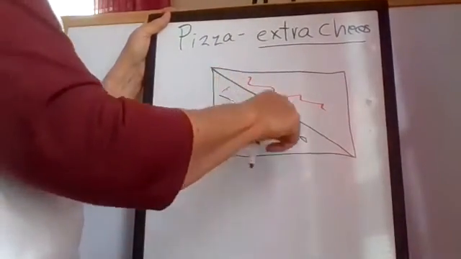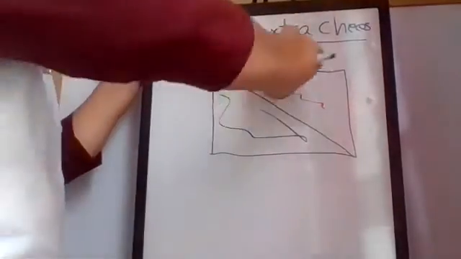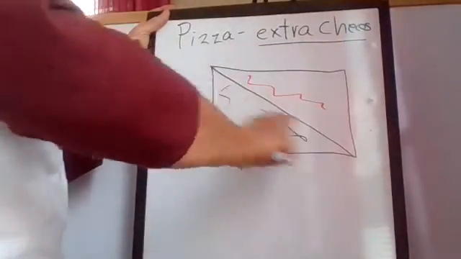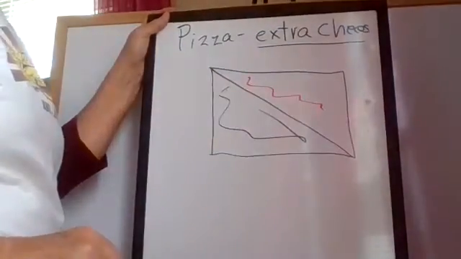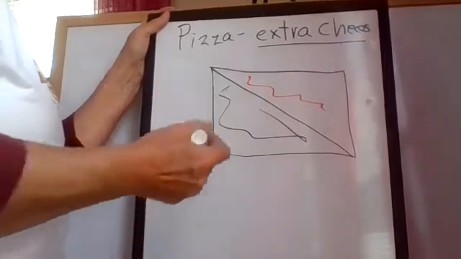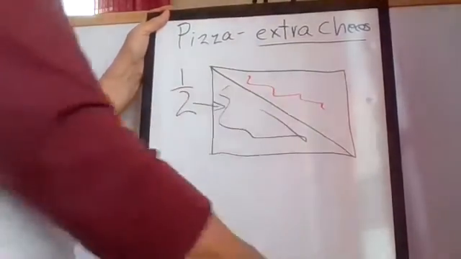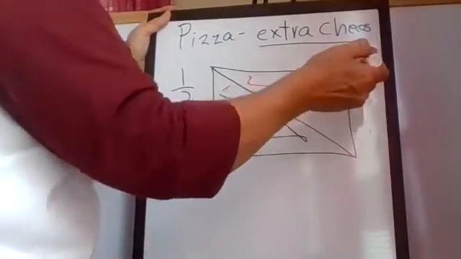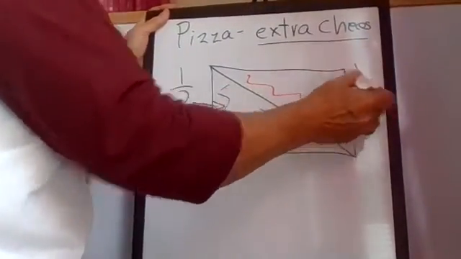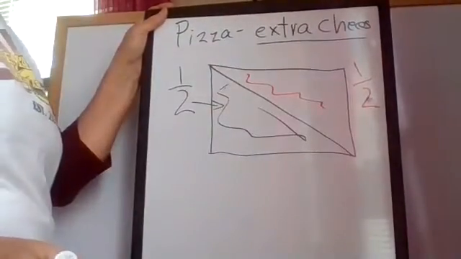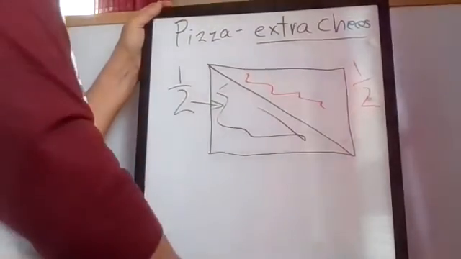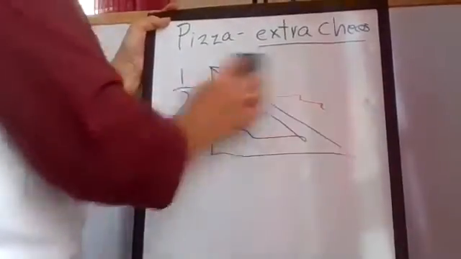Well, I could cut it out on this line and turn it and flip it until it went over that other shape. Then you would see they are exactly the same. 1/2 is black. 1/2 is red.